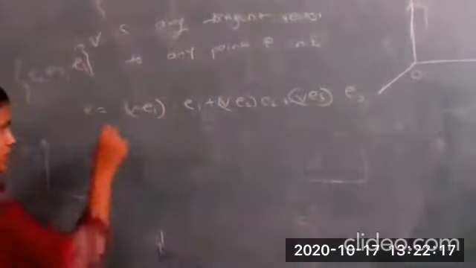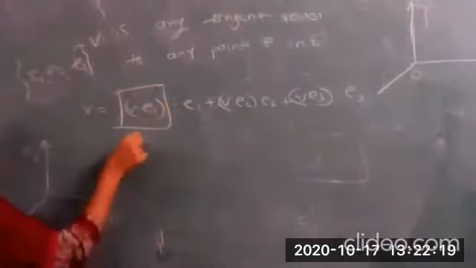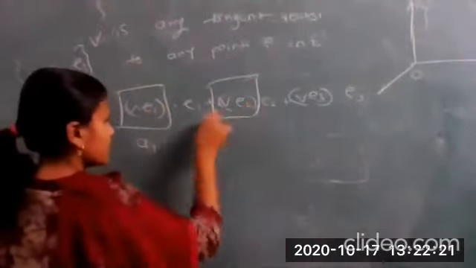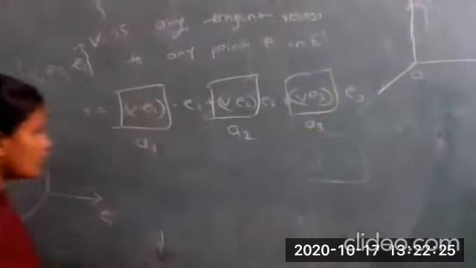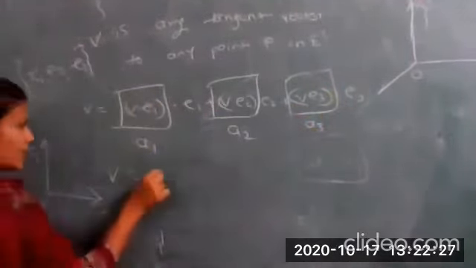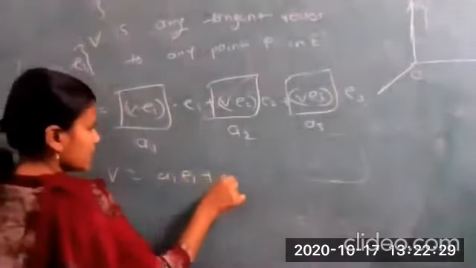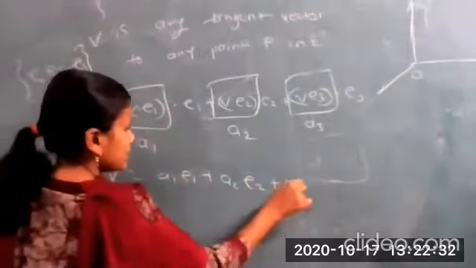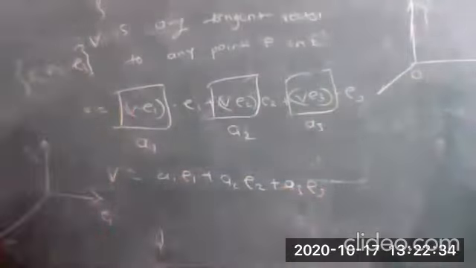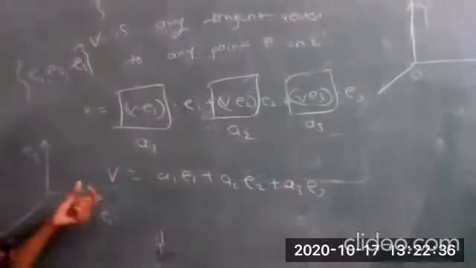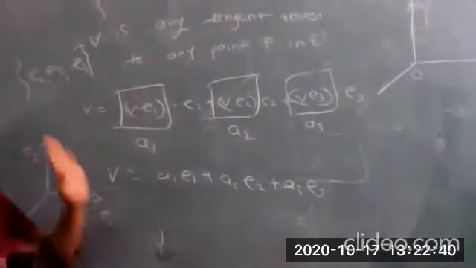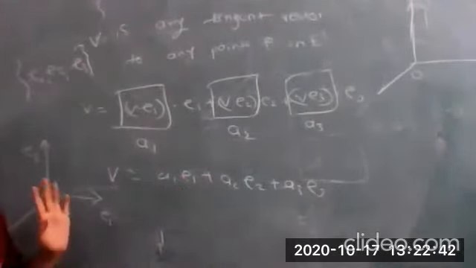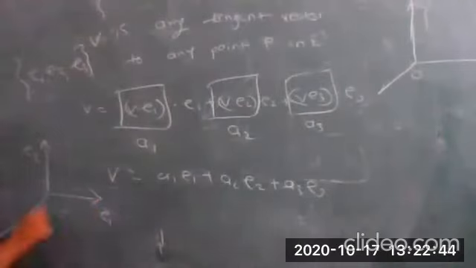Now suppose we name these coefficients A1, A2, A3. Then we see V as A1 E1 plus A2 E2 plus A3 E3. So simply we have to prove that E1, E2, E3 are the basis for our TP of E3, as P is any point in the E3 space.